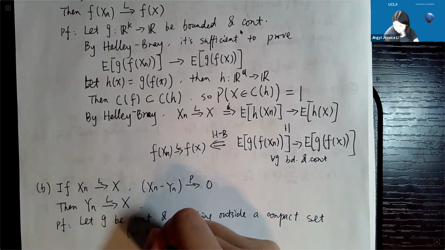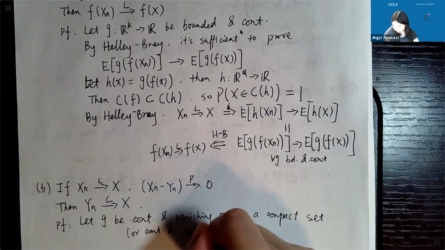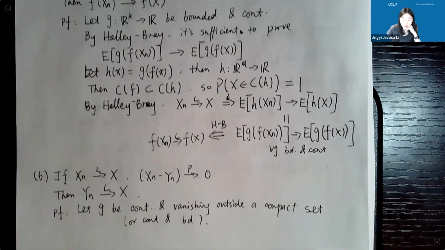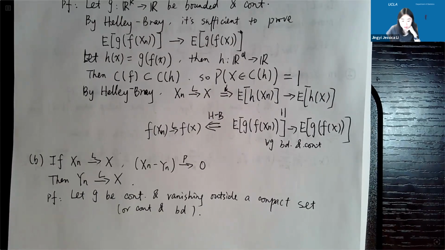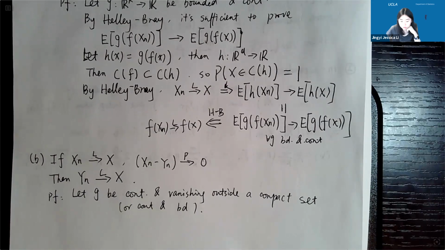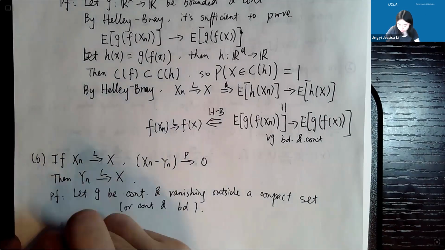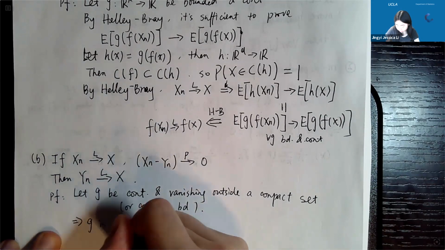So we are going to use uniform continuity: g is uniformly continuous.